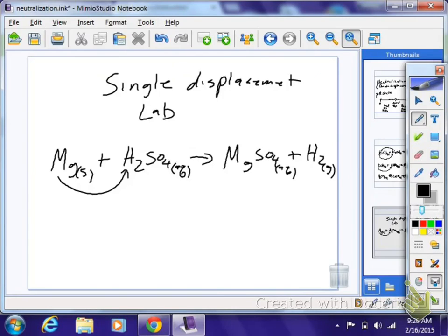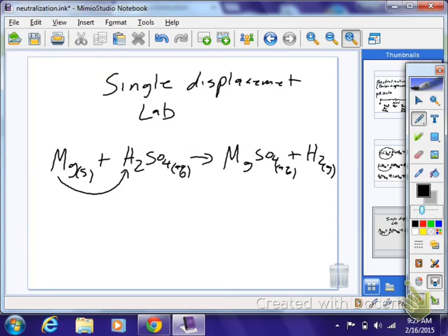If we're going to set up a reactivity table, I'm going to refer you to the bottom of your lab where it says for you to write out the order from most active to least active element. Okay, see that on the front sheet? You may want to wait and do that part of the lab at the very end. This is why, because you can write all your reactions out and see what replaces what.